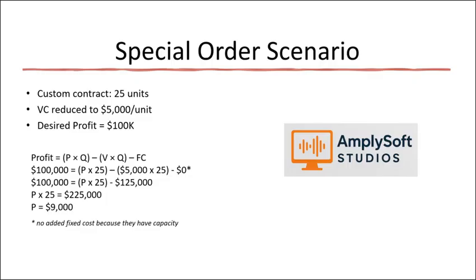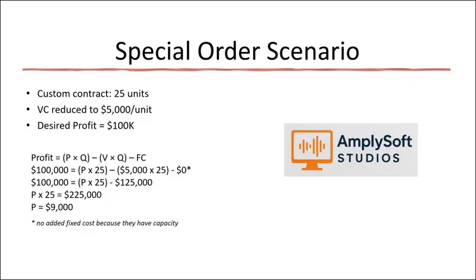Let's suppose that a conference organizer has approached the company and wants to buy 25 Pro Packs, but at a discount, and they don't want the support fees. So should the company do this if they still want $100,000 in profit? Well, the support fees would drop from $6,000 to $5,000, a $1,000 drop.